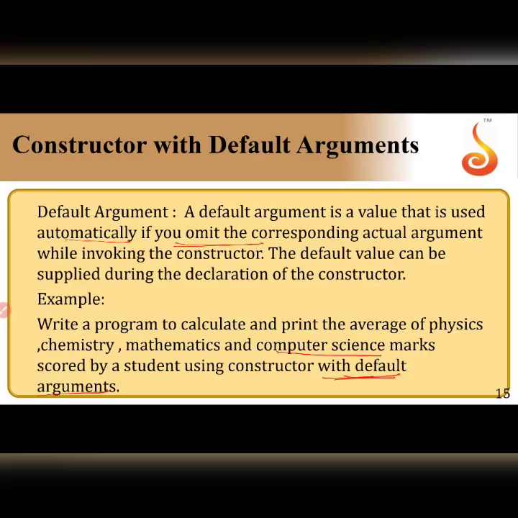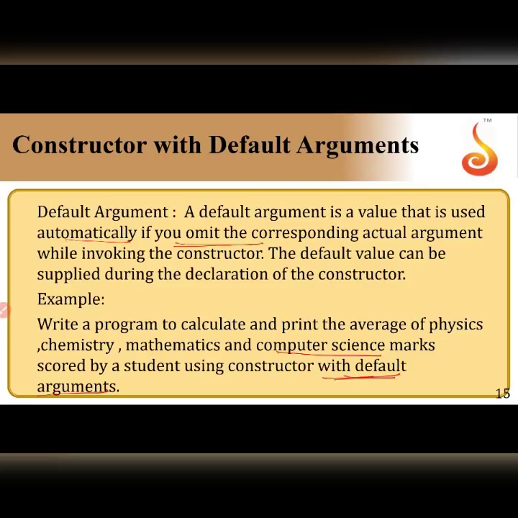Default value would be considered only when you omit to pass the corresponding actual argument value. Actual argument is in the calling function, and in the called function header is the formal argument. Fine. So if suppose a constructor takes 3 integer values and you pass only 2 while invoking, it can be either explicit or implicit, then for the third one, it will take the default value which you have set.